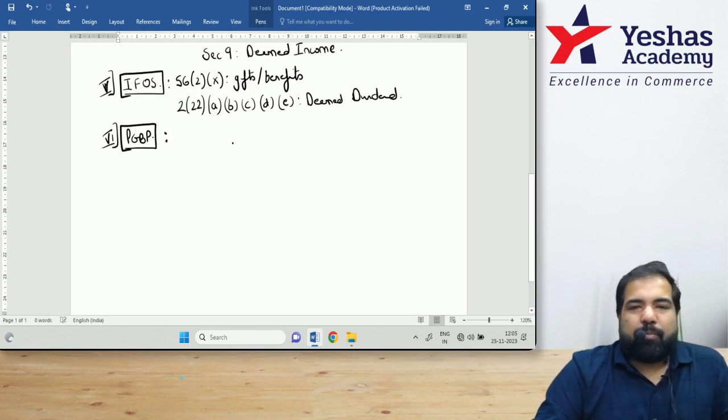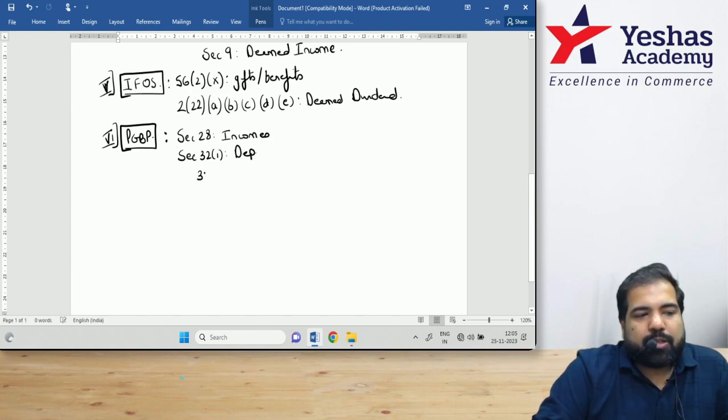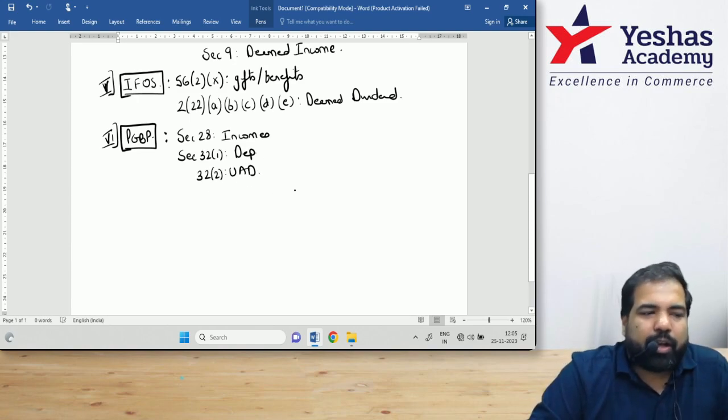Guys, in PGBP, the important sections, I'll tell you which ones. Incomes will be section 28. These are all the incomes under PGBP. Expenses, only the important one, section 32(1) is depreciation. Section 32(2) is unabsorbed depreciation. Additional depreciation also is there, but that's not important anymore.